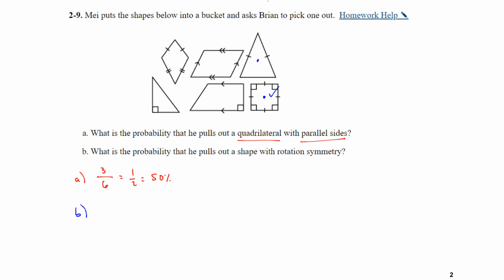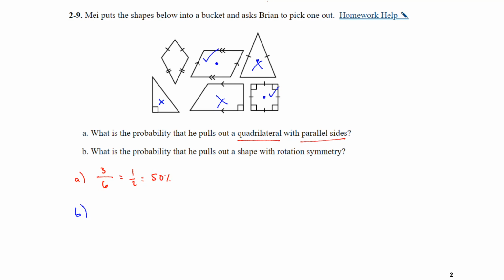The trapezoid, it's not an isosceles trapezoid and might not matter anyways, but there's no way to rotate that, so that one's out, that one's out. Not equilateral, so that won't work. The parallelogram, what happens if you rotate the parallelogram 180 degrees? You'll notice that it does have rotational symmetry, so that one looks good.